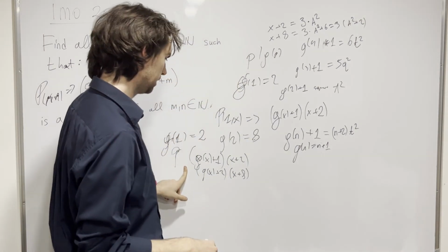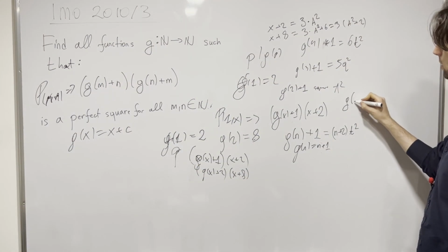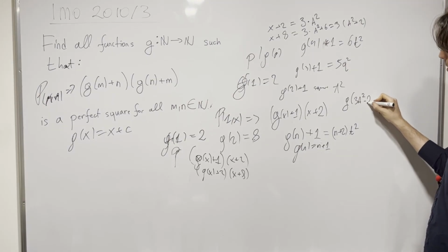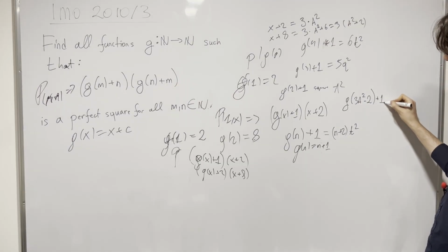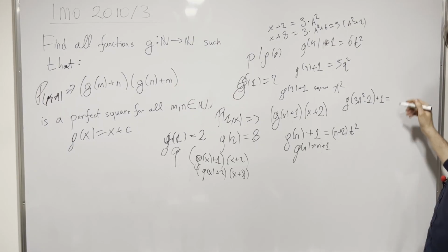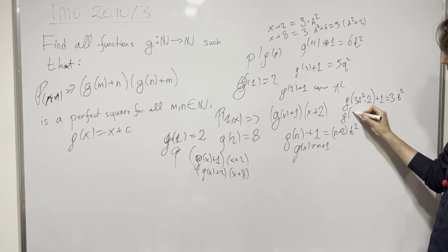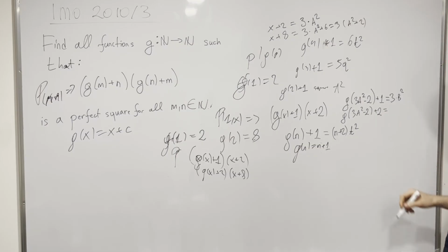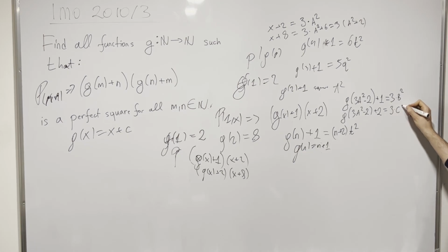So now this forces g of x. So for this x, we're going to have g of 3a squared minus 2, because that's what we're plugging in, plus 1 is going to be equal to 3 times some b squared, and g of 3a squared minus 2 plus 2 is going to equal 3 times something.